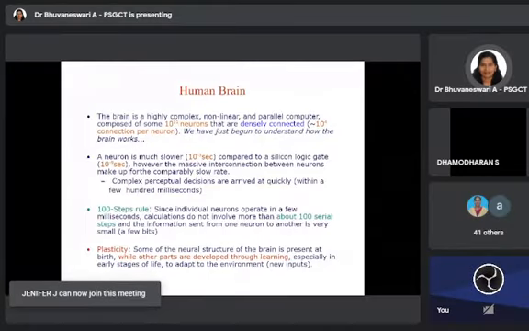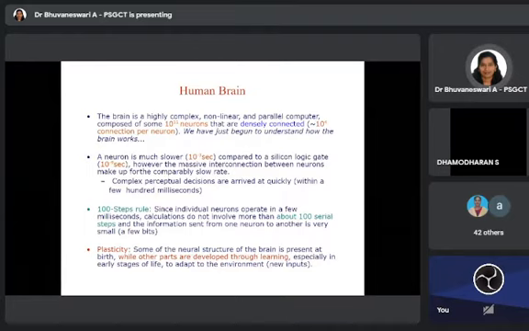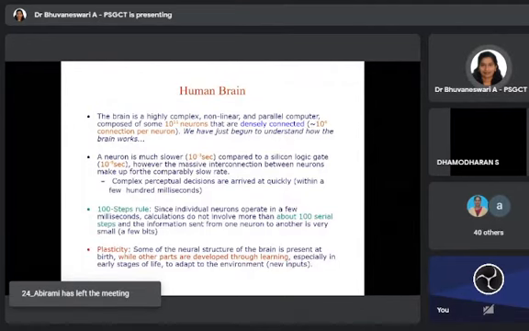Since individual neurons operate within very few milliseconds, calculations do not involve more than 100 serial steps. So what the scientists did was split the process of neurons into 100 serial steps, not more than 100. For any task that a neuron performs, they split the functionality into 100 serial steps, and the information sent from one neuron to another is very small. We can represent it as bits, not even bytes, it's bits.